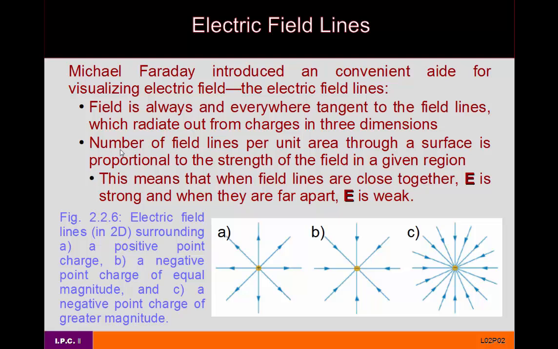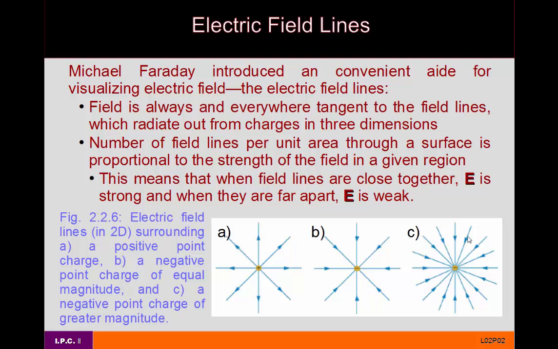Second rule is that the number of field lines per unit area through a given surface has to be proportional to the strength of the field in a given region. In other words, you see that there are more field lines for this charge than there are for this charge. So if figure B and C are both to scale, then this charge probably has about twice the magnitude as this charge does, because there are twice as many lines radiating out from it.